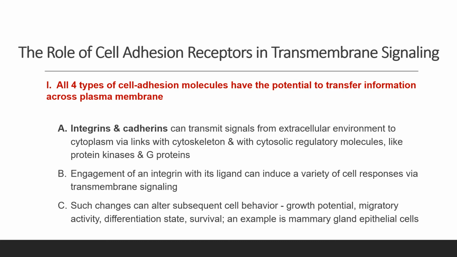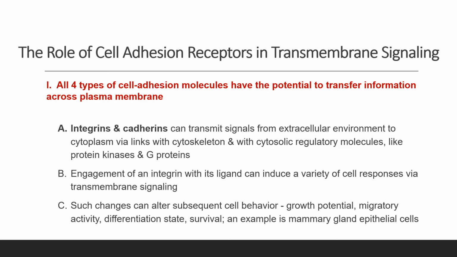So, the role of cell adhesion receptors in transmembrane signaling. All four types of cell adhesion molecules have the potential to transfer information across the plasma membrane. The integrins and cadherins can transmit signals from the extracellular environment to the cytoplasm via links with the cytoskeleton and with cytosolic regulatory molecules like your protein kinases and G proteins.